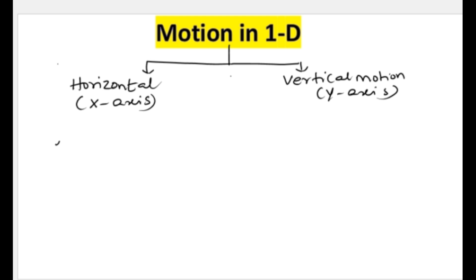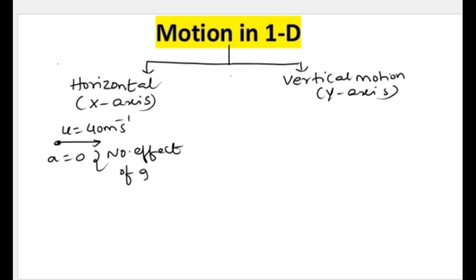Let us look at them once. Suppose initially the velocity of a football is 40 meter per second. Our assumption is no air resistance, no friction. So acceleration is 0, and we know very well there is no effect of gravity on horizontal motion. If acceleration is 0, the body moves with constant velocity.